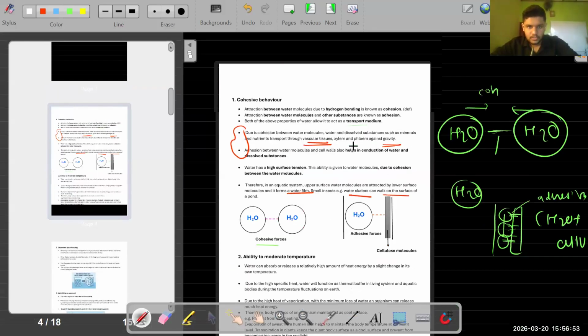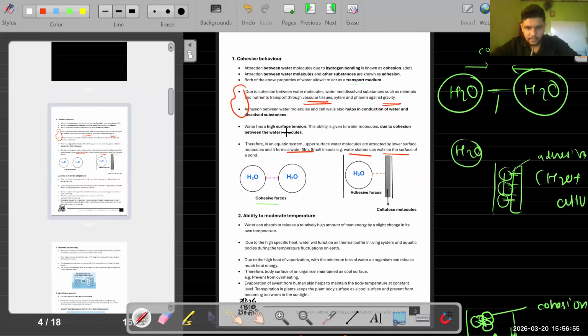Right. So just go through this part and let me know if there are any doubts. If no doubts, I'll go to the next part.